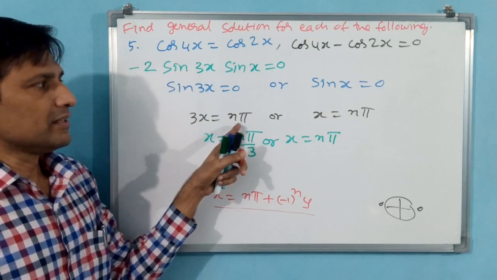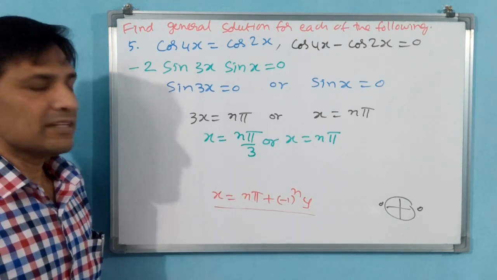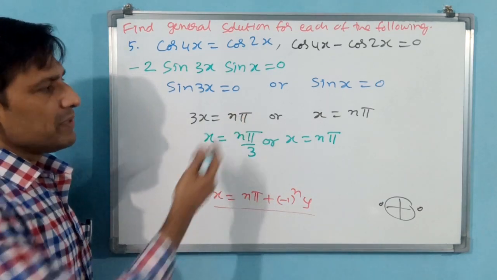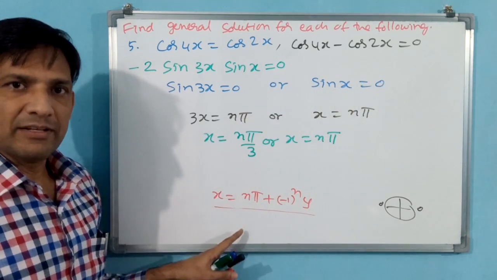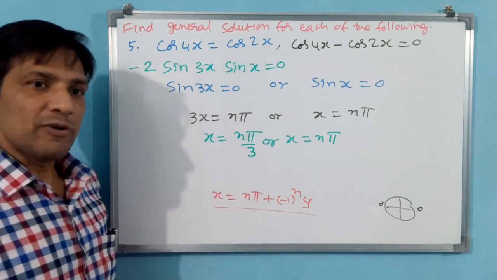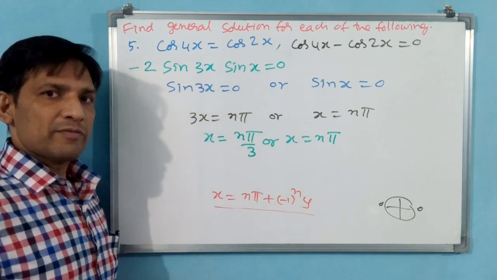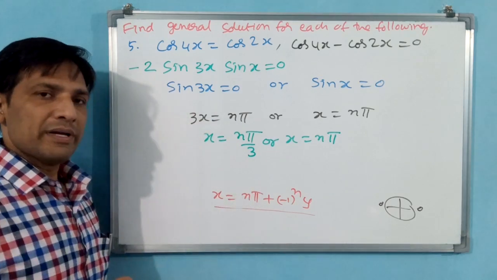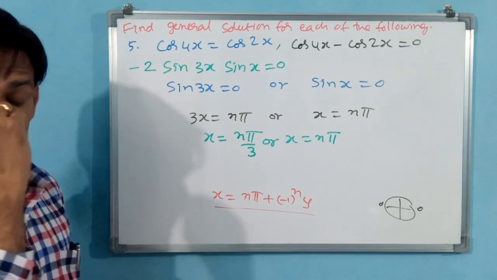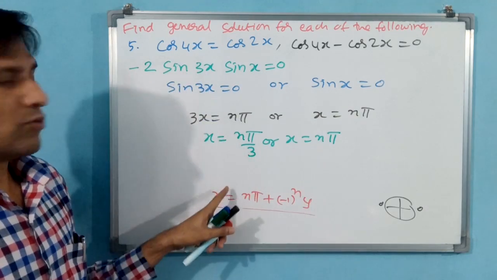Writing n pi is simpler than this one, where you have to write n pi plus minus 1 whole power n. When 0 comes, automatically you take the value n pi. If 0 doesn't come and any other value or angle is coming, then you go for the other formula. Here, for 3x, 0 is the value. This is the answer for the fifth question.